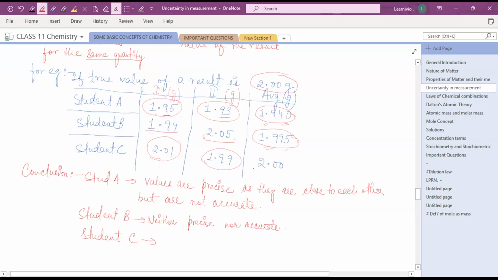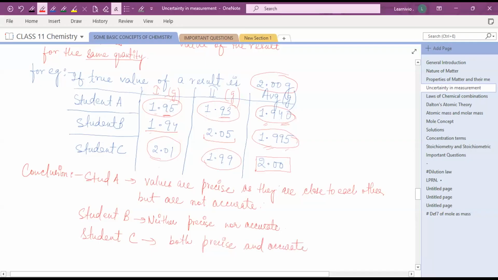Now when you take the average, it is equal to the true value, which is 2 grams. So student C's results are both precise as well as accurate.